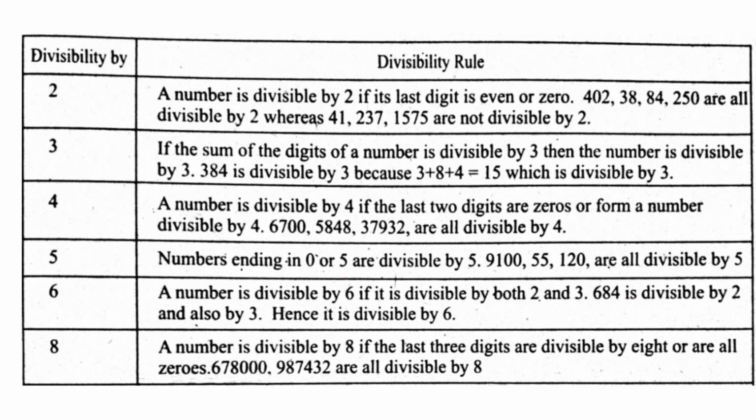Now the next divisibility rule is for 8. In this case, the number is divisible by 8 if the last three digits are divisible by 8.